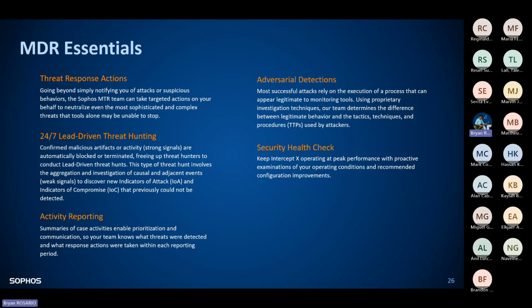So whenever there is an indicator of compromise or an alert, you have a notification and they are going to be investigating that specific notification. And you have your activity reporting. So you will get both a weekly and monthly report about what is going on.